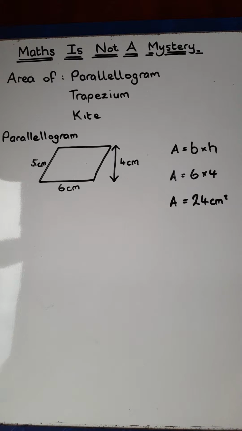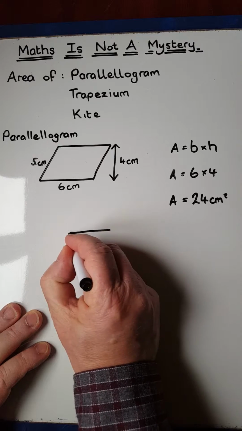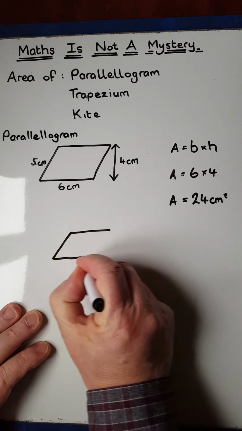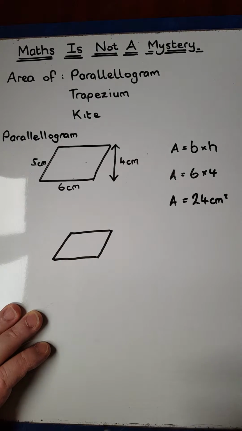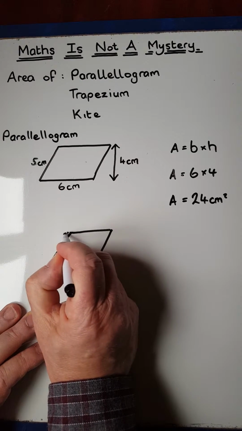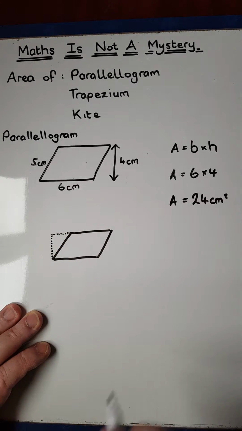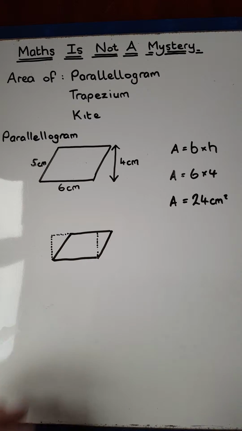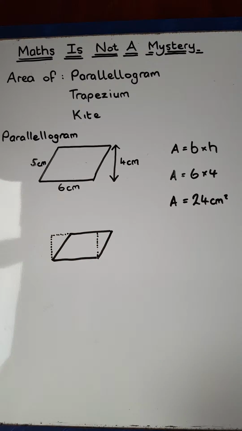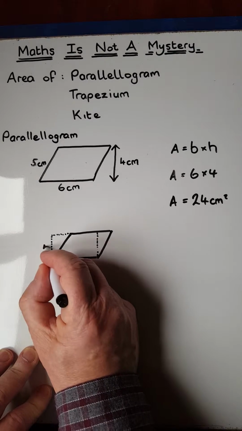Just to make sure that you understand why that would be the case, a quick drawing of another parallelogram. If you can imagine for a second that we could straighten up that parallelogram, we'd be taking maybe that side up there, and then it would automatically make this side become vertical. The 6 would still be there, the 4 would still be there.